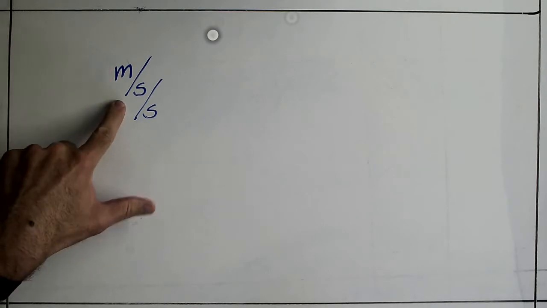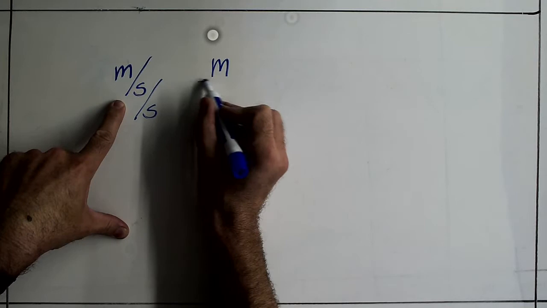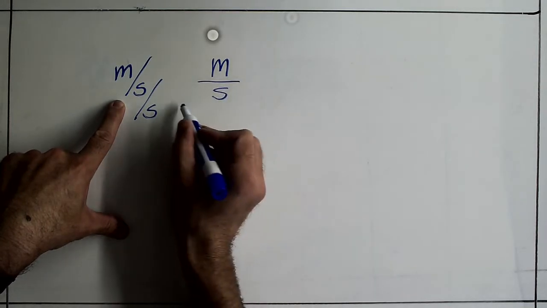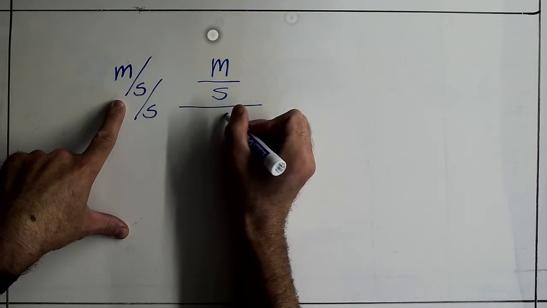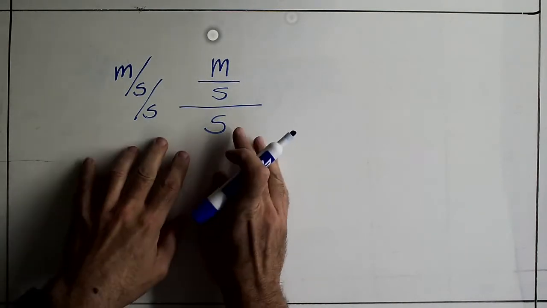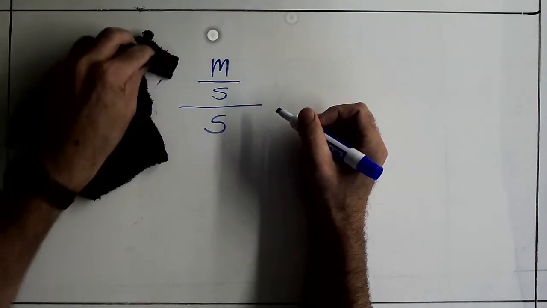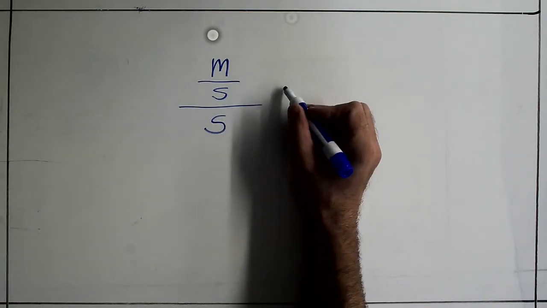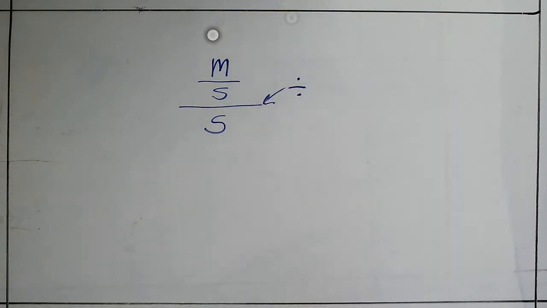And I'm going to rewrite this a different way. What this is really saying is meters per second over seconds. Okay, hold on a second. Get my cap. Okay, so what this line right here represents, and you should all know this really, is divide.